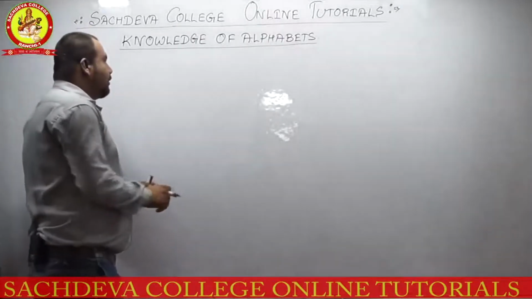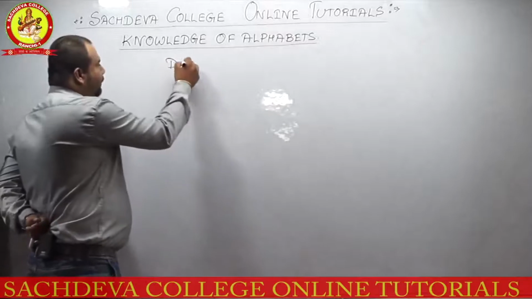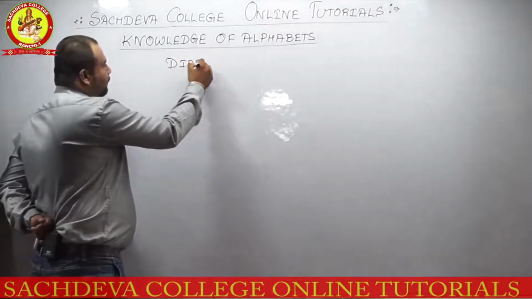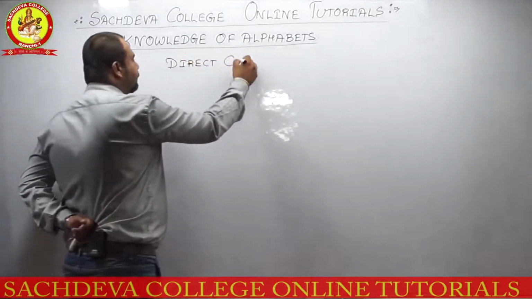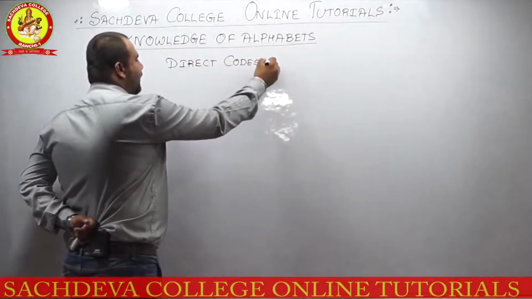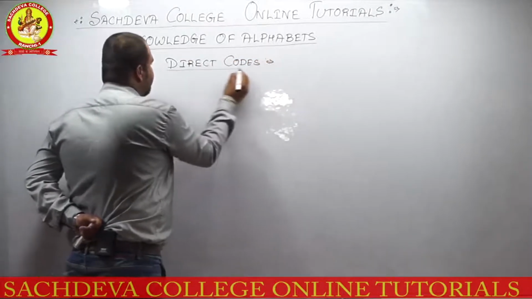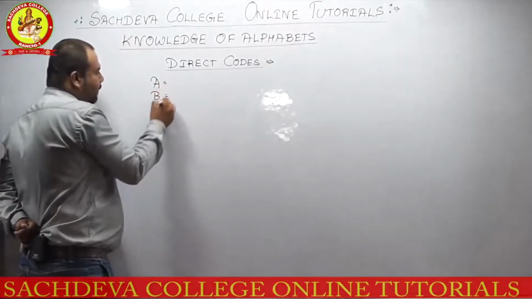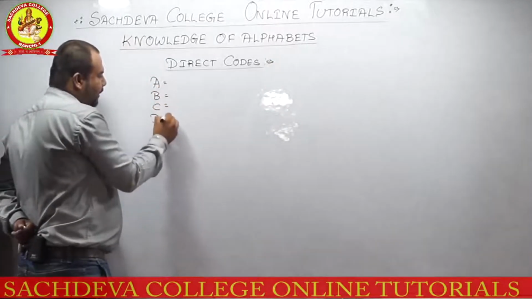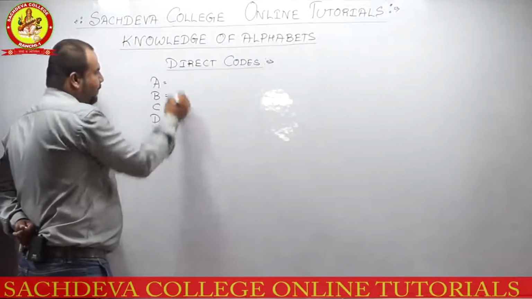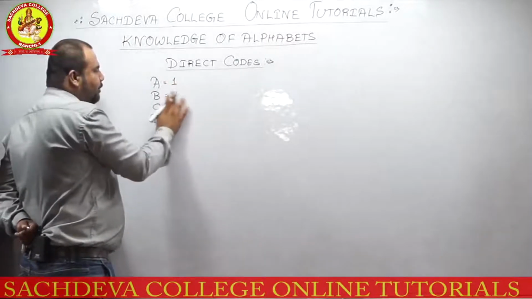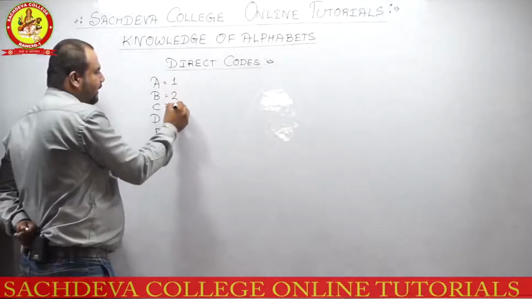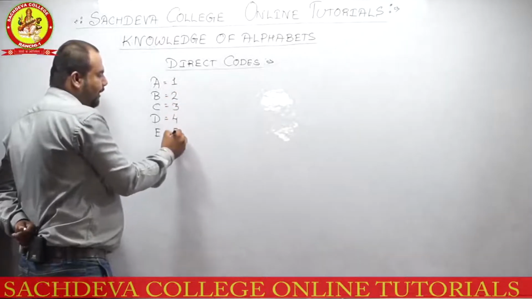When we talk about direct codes of alphabets, then we have A, B, C, D, E. A is 1, B 2, then C3, D4, E5.